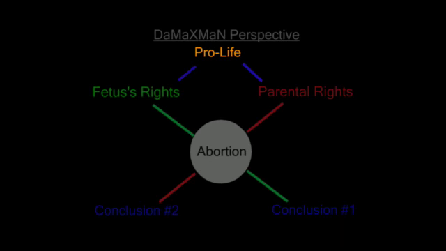Now from here we can go down many other paths, but for the sake of argument in this example, I'm just going to use two viewpoints. The first one being the rights of a fetus and the rights of a parent. And once again, you'll find that we can draw two completely different conclusions on the exact same topic, but it depends which viewpoint those conclusions are drawn from.